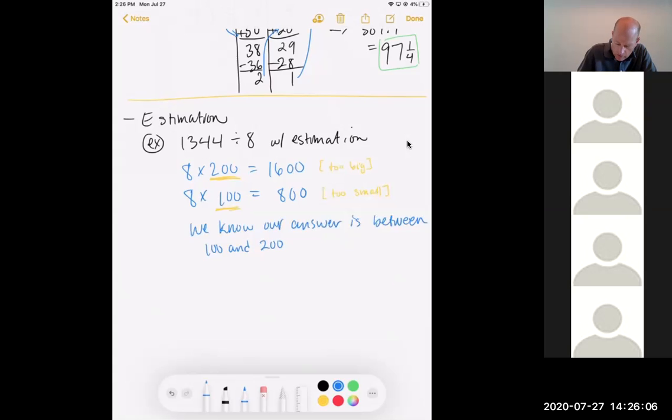We know our answer is between 100 and 200. And so we kind of can draw an arrow and say maybe about 150.